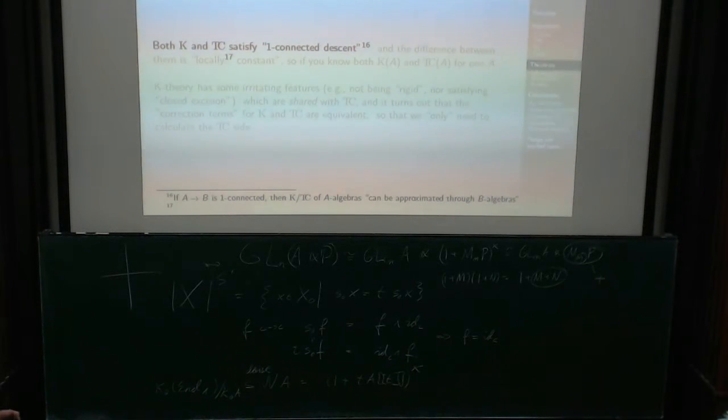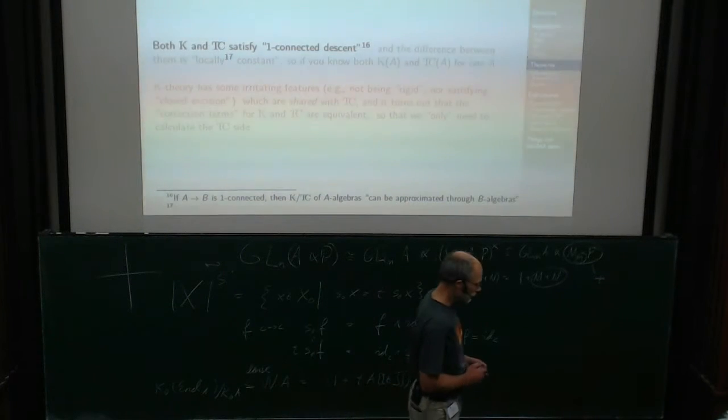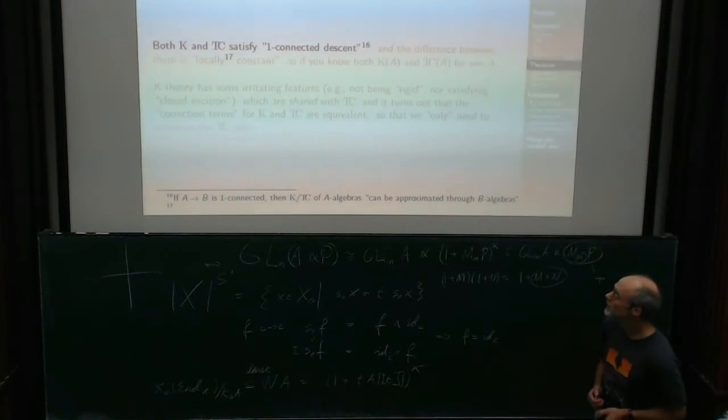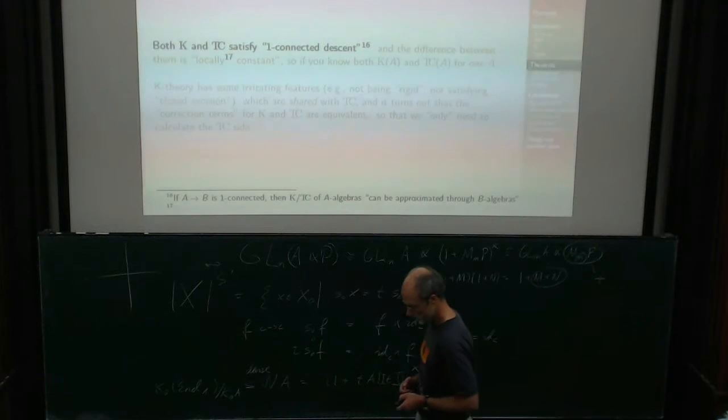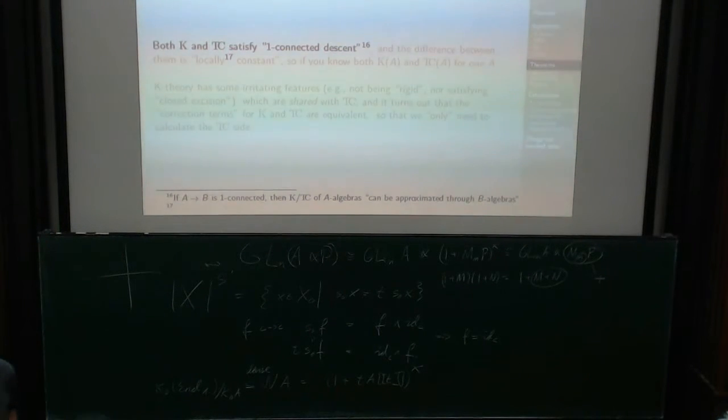Okay, so now that we have defined the map, we should ask ourselves, what is it good for? Both K-theory and TC satisfy what you might call one-connected descent. So you're pretty free to change your ring spectrum as long as you don't mess up your pi naught too badly.